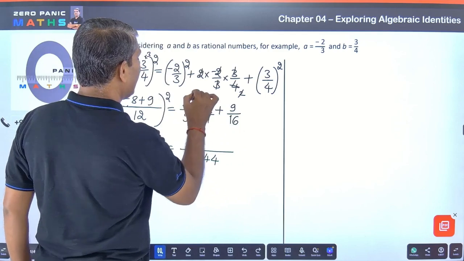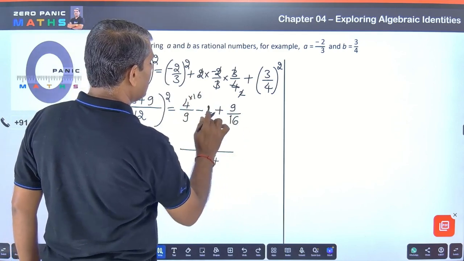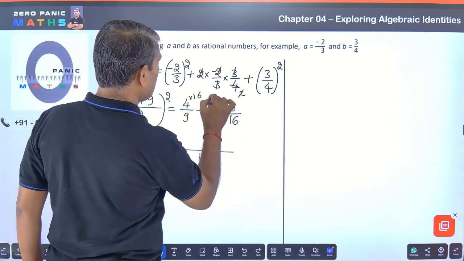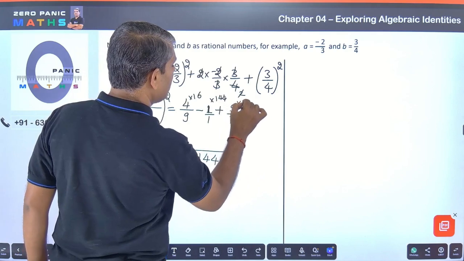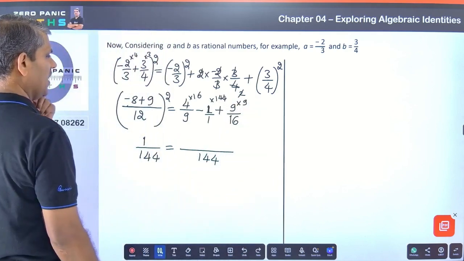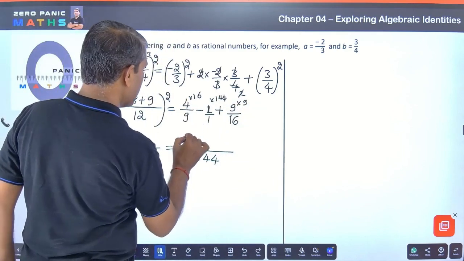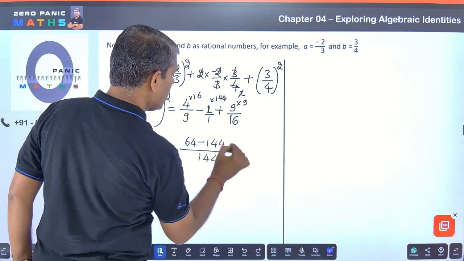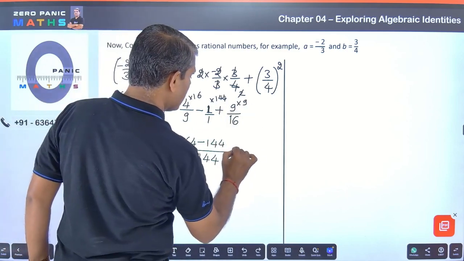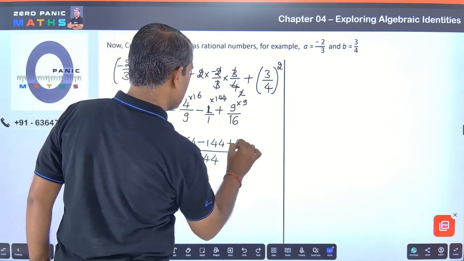So 9 16s it is 144, and 1 and 144, it will be 144 only. And 16 9s are 144. Now 16 4s are 64, minus 144, and then 9 9s are 81, plus 81.